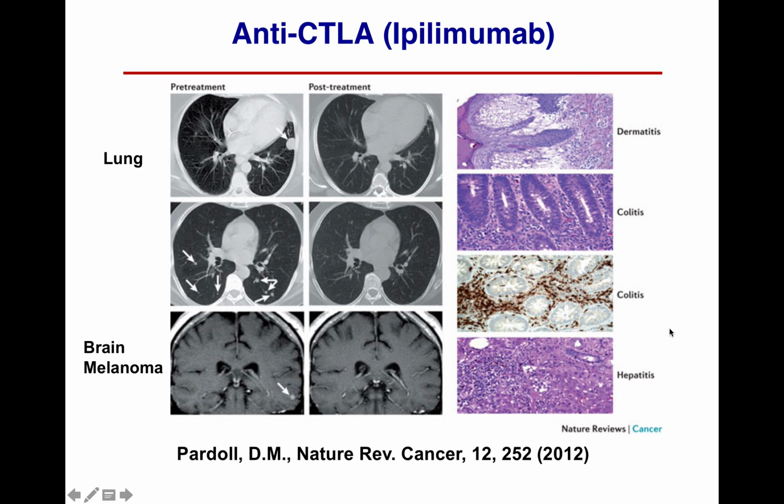These are resolvable after treatment, but it points to the fact that CTLA4 is important. You need to have control and a downregulation of the T cell response, or you're going to get some powerful side effects.